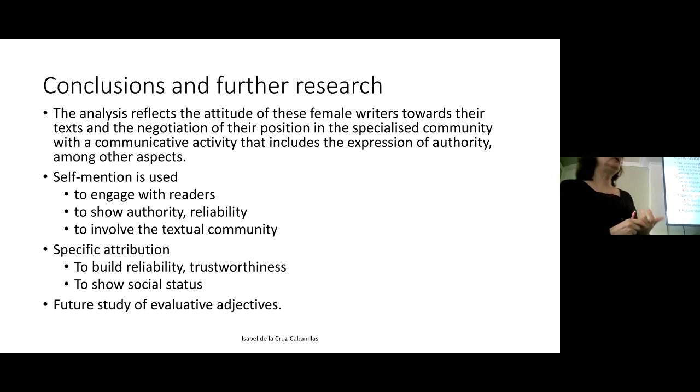For instance, I've mentioned that self-mention is used to engage with readers, to show authority, reliability, but also to involve the textual community. And a specific attribution, in my opinion, is used to build reliability, trustworthiness, and to show social status. In the future, I would like to continue the study by looking at evaluative adjectives. And that's it. Thank you very much.